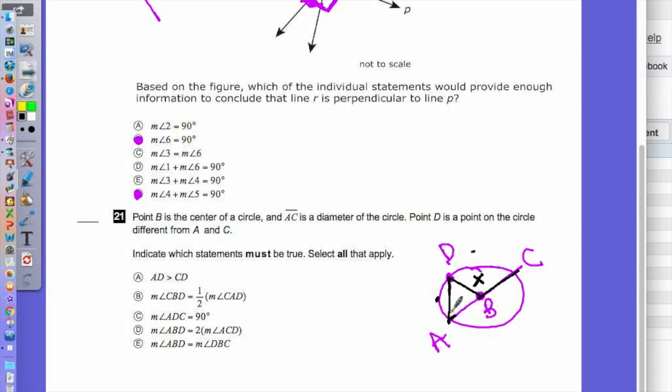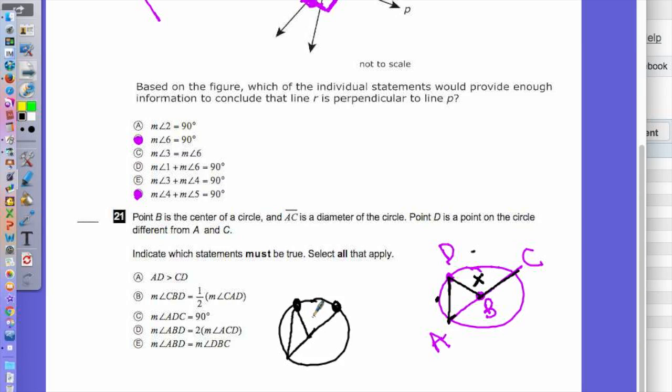Angle A looks smaller, right? And if you remember, if I have a central angle and an arc, the arc is the same as the central angle, correct? If I have an inscribed angle and an arc, the arc is 2 times the inscribed angle.